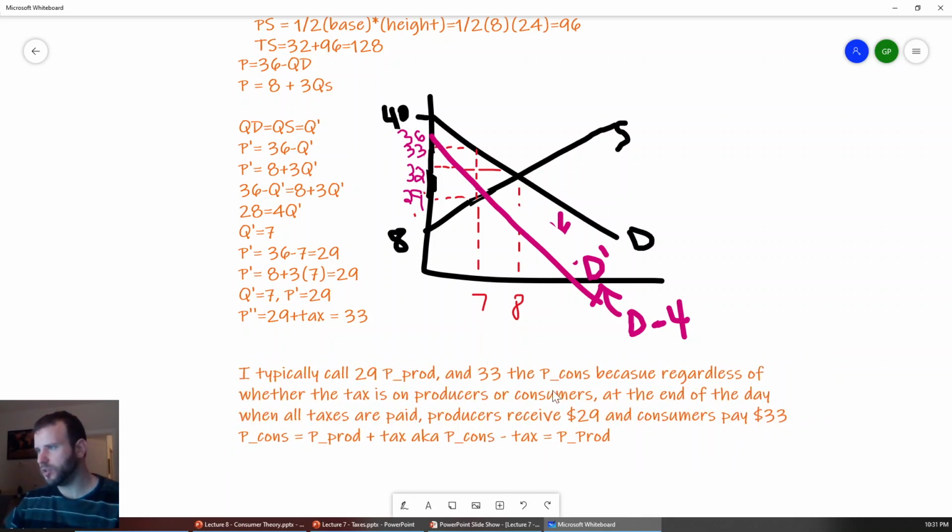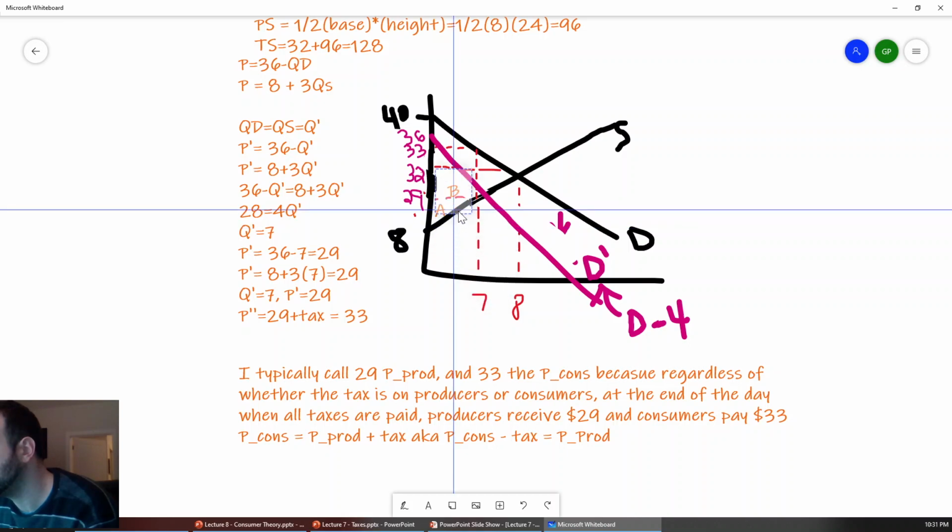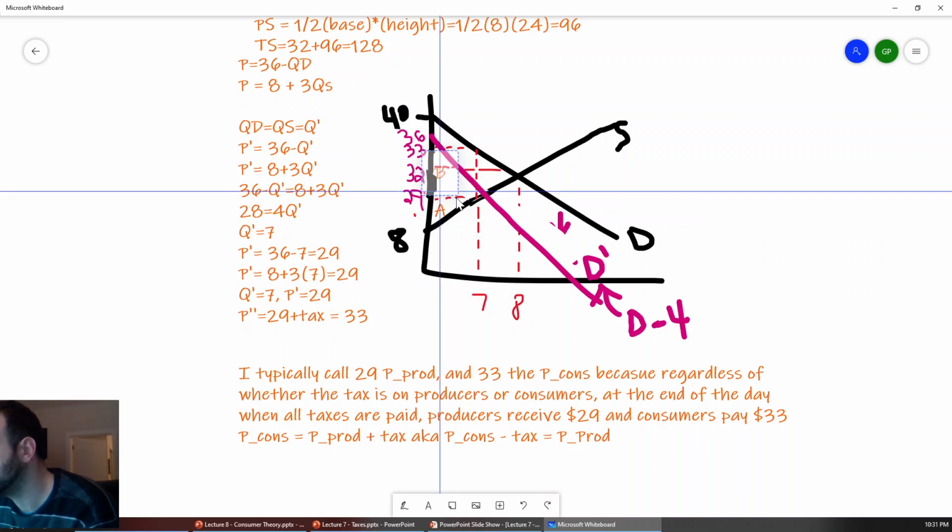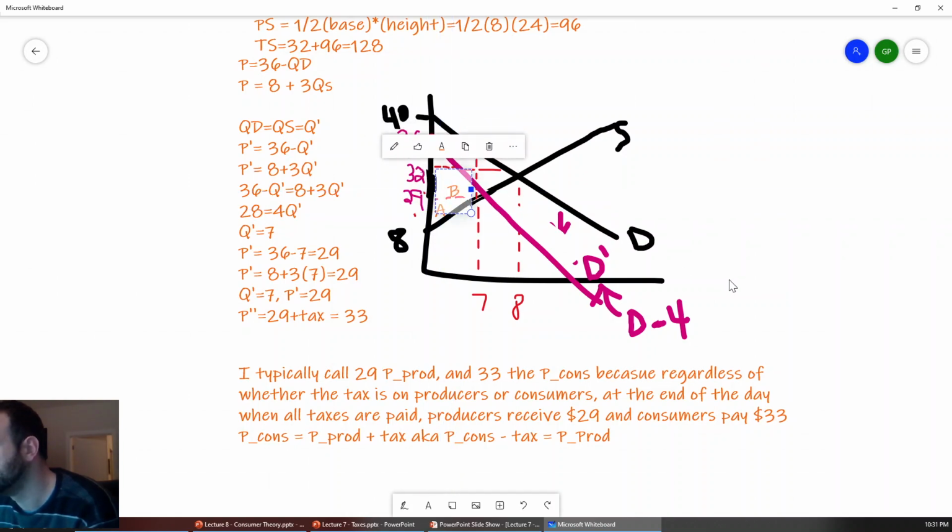All right. So let's say we wanted to calculate consumer surplus. So let me label a little bit. So I have A over here, B, stop moving like that, just go where I put you, stop trying to snap to the grid. All right, fine. B is this rectangle in here.